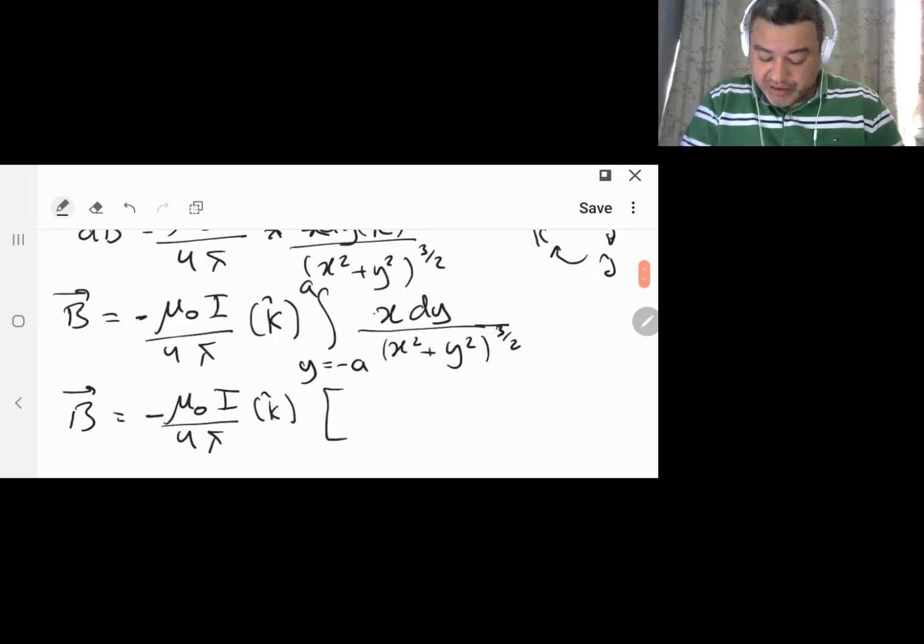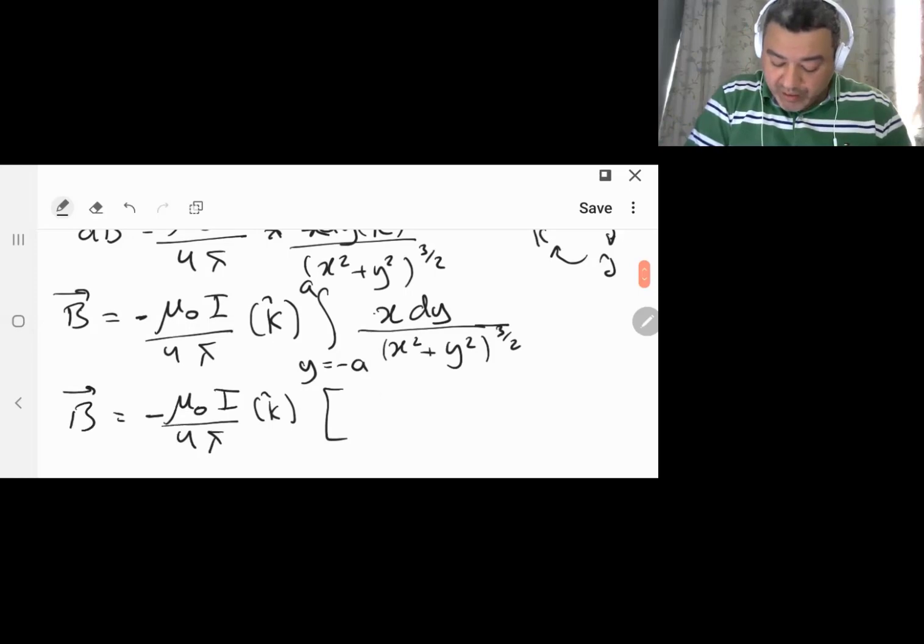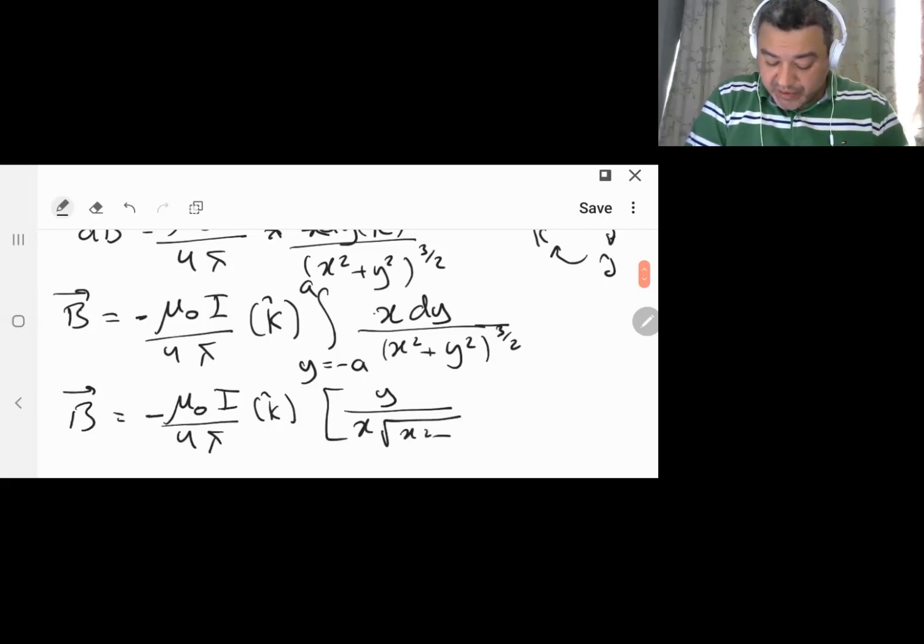Now the integration here is going to be y over x squared plus y squared, from minus a to a.